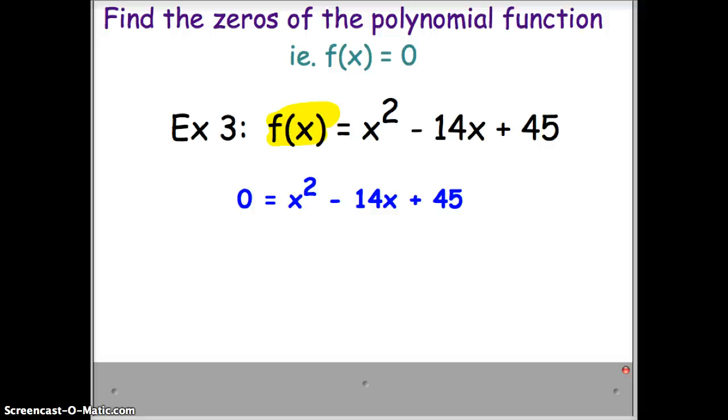Same type thing next. I'm going to go through and use my x method. So I want factors of 45 that add to a negative 14. Factors of 45. Well, 9 and 5 work, and if I make them both negative, that gives me the negative 14 when I add them.